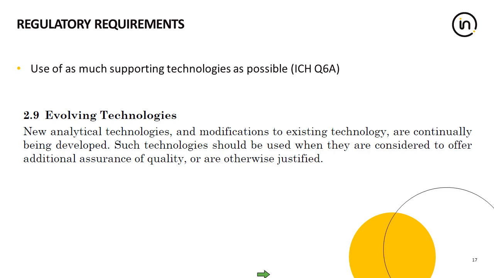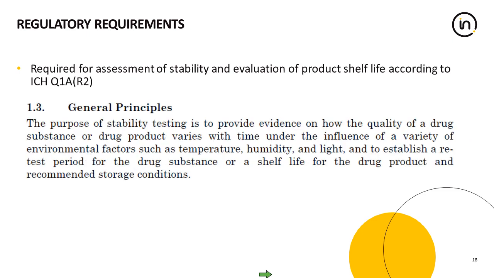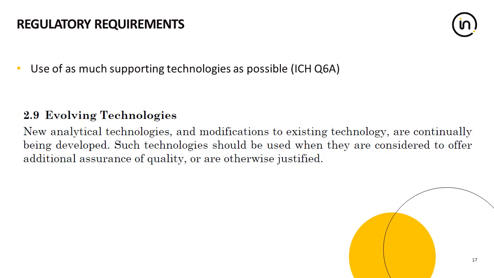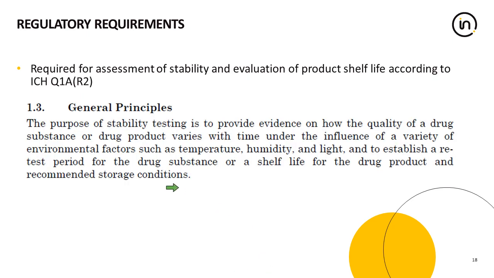ICH Q6A also refers to the use of new evolving technologies where they are considered to offer additional assurance of quality. ICH Q1A R2 requires assessment of stability and evaluation of product shelf life.